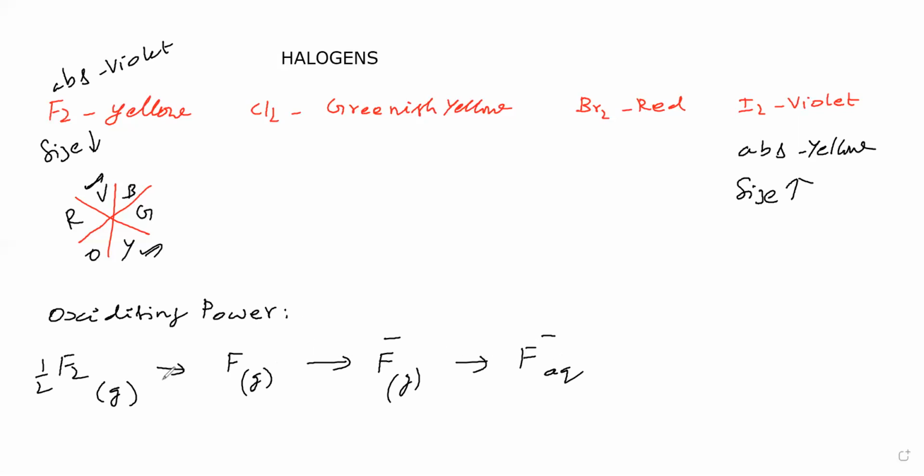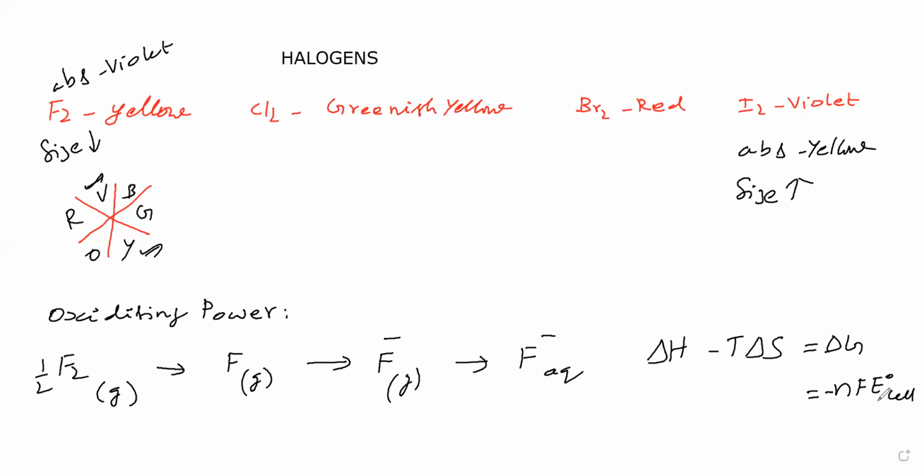Here it is dissociation, which is endothermic. This is electron gain enthalpy, taking an electron. This is hydration enthalpy. For the overall process you take delta H, then T delta S, delta S for the overall process. From this you get delta G, and from delta G you get E0 cell, the cell potential.